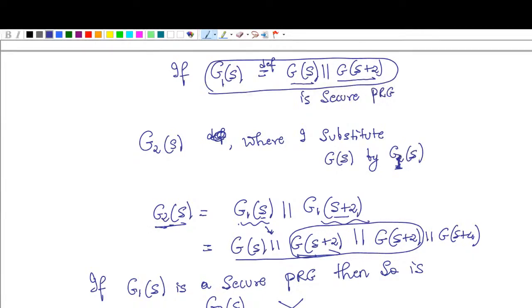But when I run G2(S) like this, I know that the second output block and the third output block are going to be almost the same. So if this G1(S) method is secure, then so should be the G2(S) method, because the method just changes the instantiation of G, that's all. I am treating G1 as a secure instantiation of G, but that's not going to give me a secure PRG. So that's why the construction G1(S) is not a secure PRG.